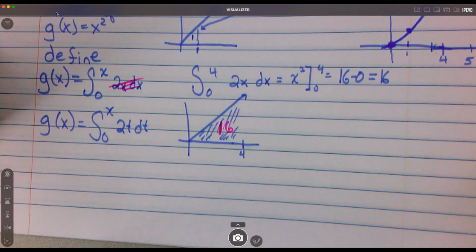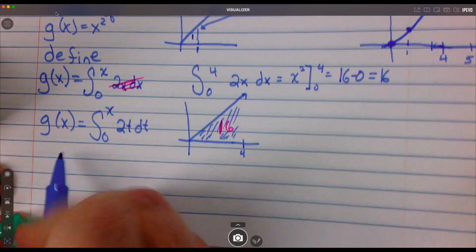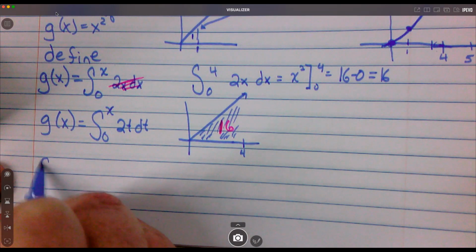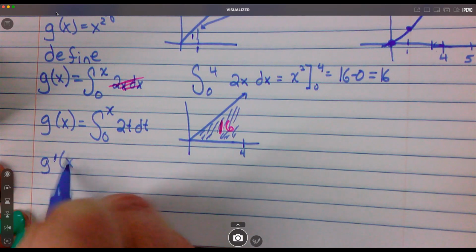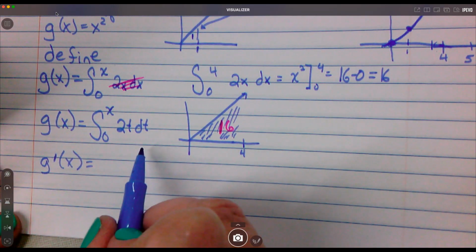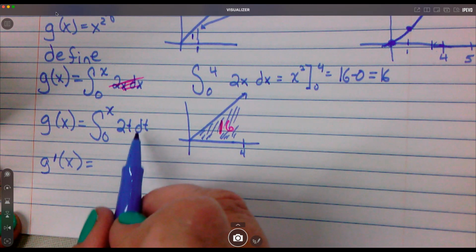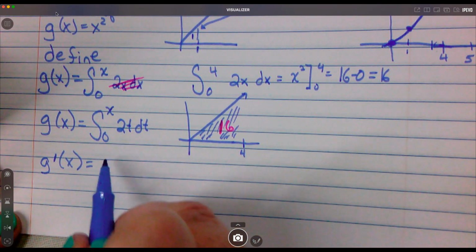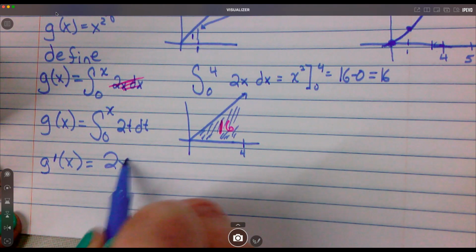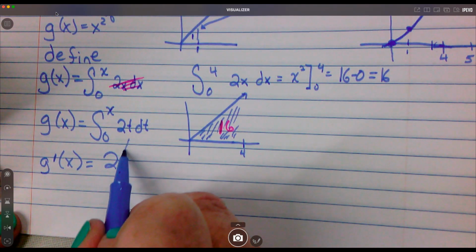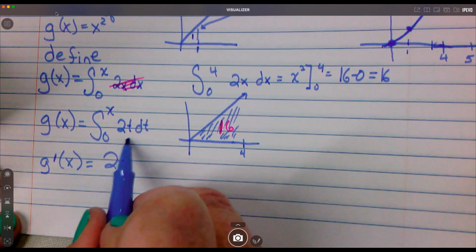And because we talked about it earlier, this derivative g prime of x, we already know that this basically becomes x squared, right? Do you agree with me? So this derivative has to be 2x. And you'll notice the t kind of changes back into an x.